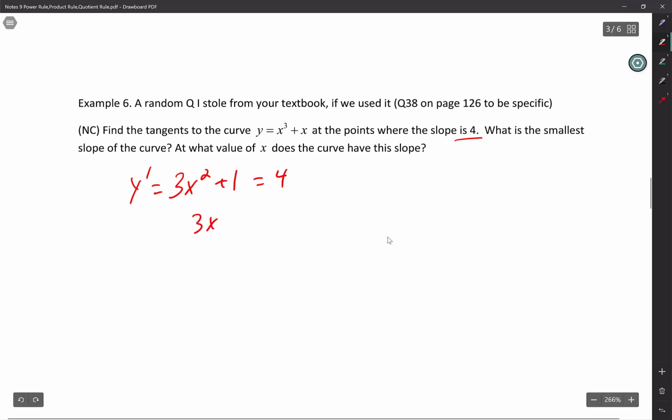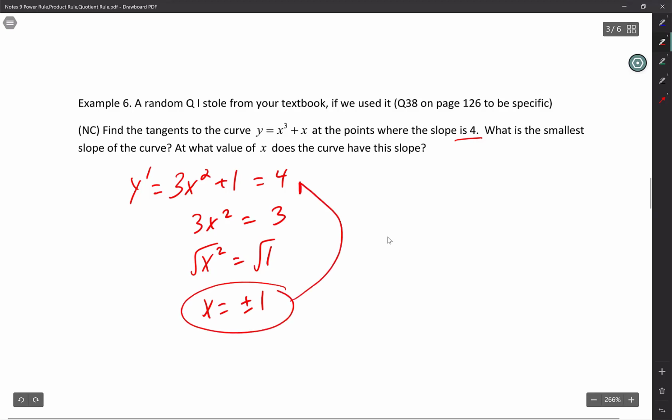So 3x squared equals 3. I just subtracted 1. Divide by 3. I have x squared equals 1. And square root, I have x equals plus or minus 1. So at these values, I have a slope of 4.